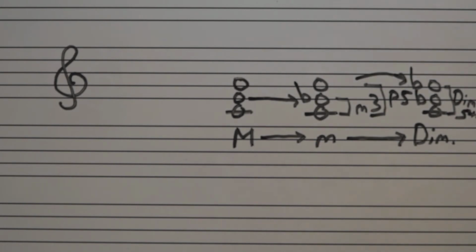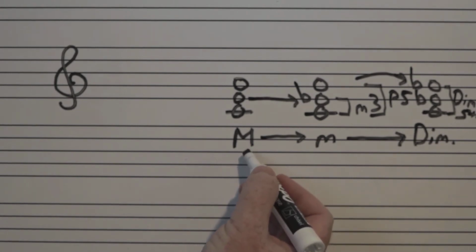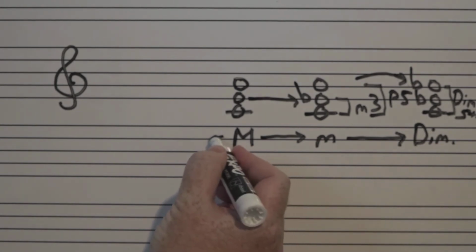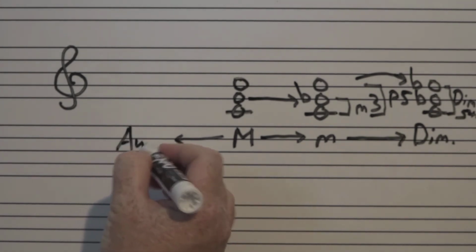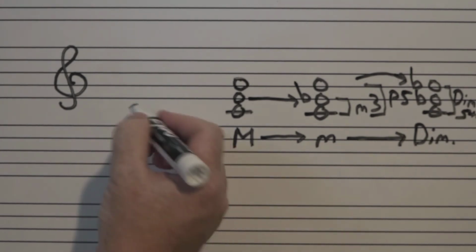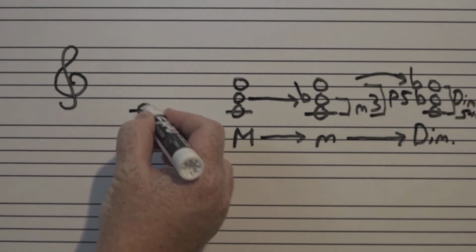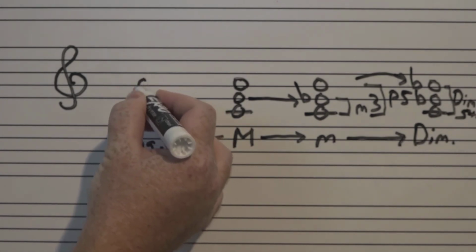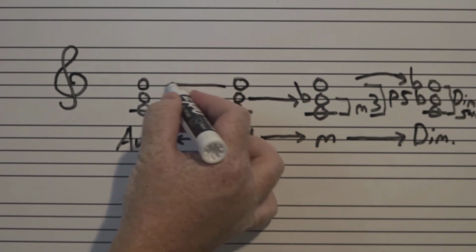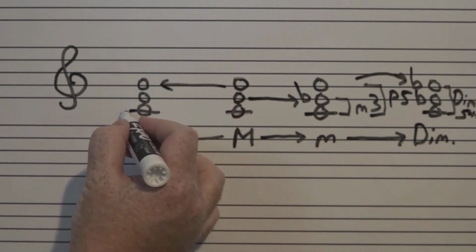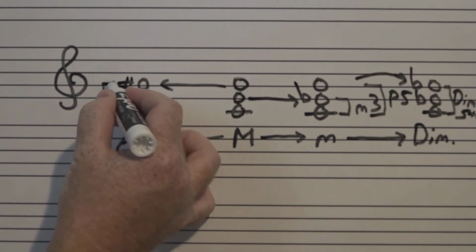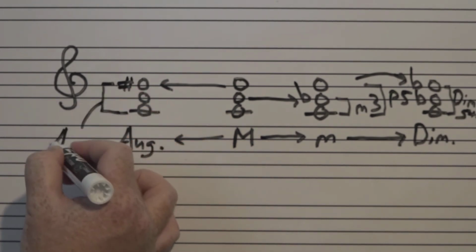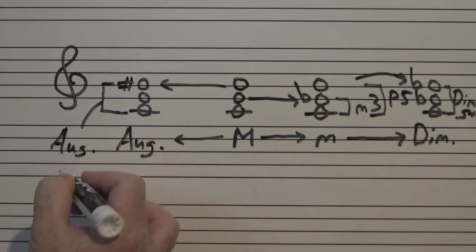And there's one more triad you need to know. And we have to go back to our major triad, and we're going to go this way to an augmented triad. So we're going to take the major triad and raise scale degree 5, the 5th, to make an augmented 5th.